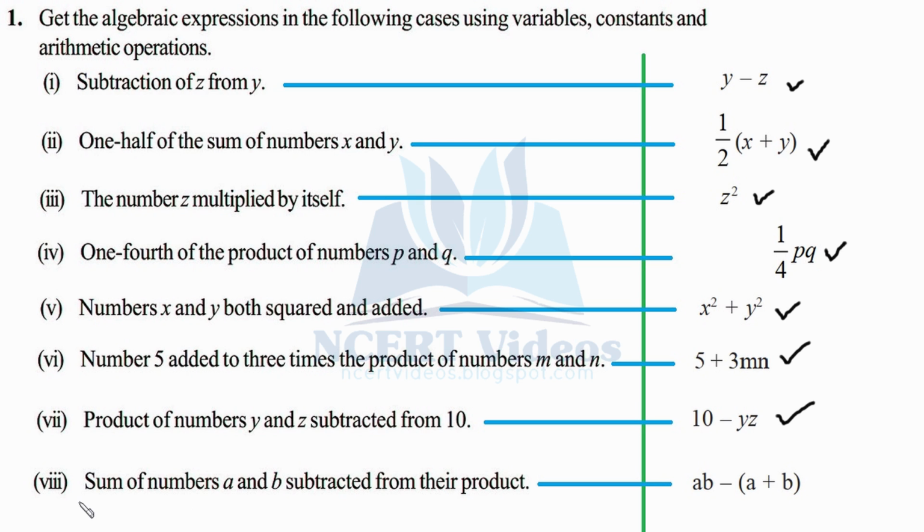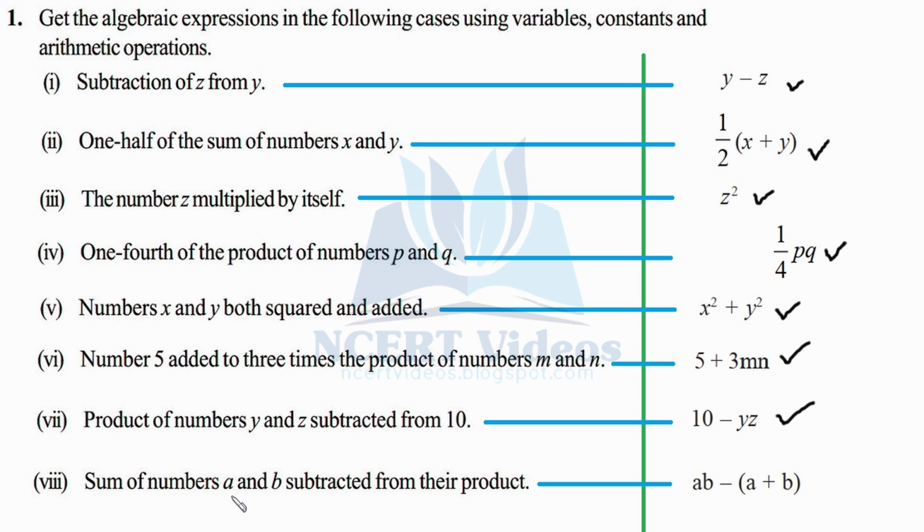Last part, sum of numbers a and b subtracted from their product. So the "from" part will come first. Product means multiplication of what? a and b. Therefore, we wrote first ab, and what we are doing, we are subtracting what?